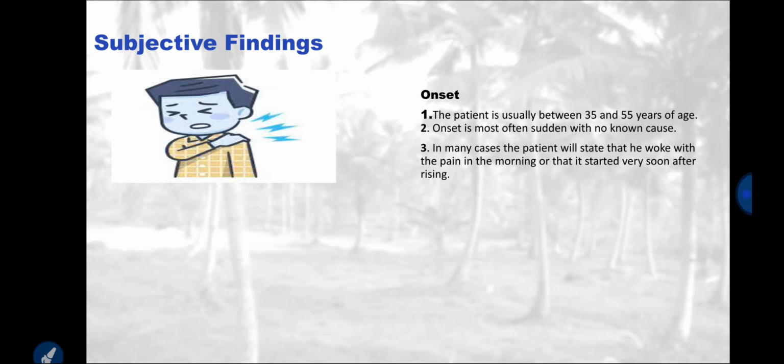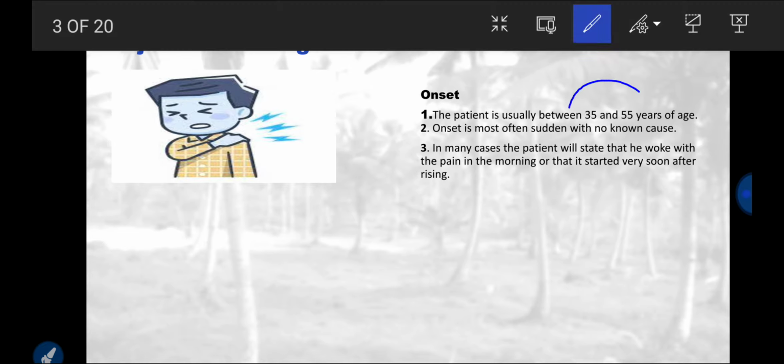In subjective findings, the age group is 35 to 55 years, because most of the degenerative changes occur in this age group. Next, onset is often sudden, with no apparent cause. The patient just wakes up early in the morning and complains of very severe neck pain, and sometimes the pain is radiating.